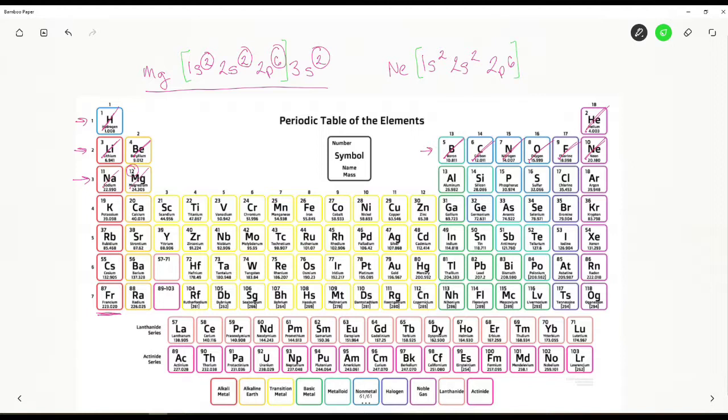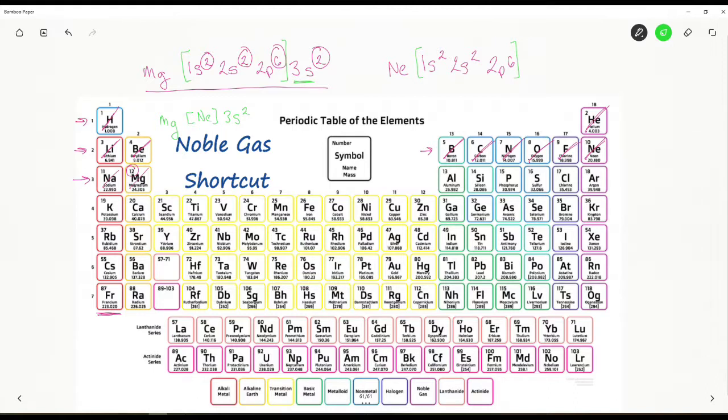So I am going to rewrite the electron configuration for magnesium, and I am simply going to substitute in neon, and then what's left on the outside, that is 3s2. Notice how much shorter that is. This is called the noble gas shortcut.